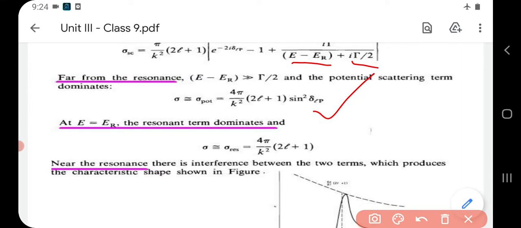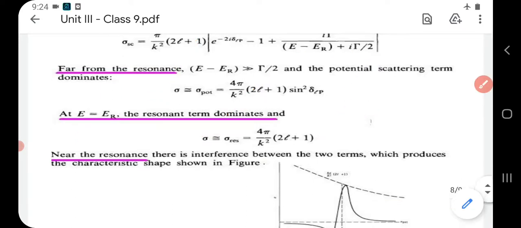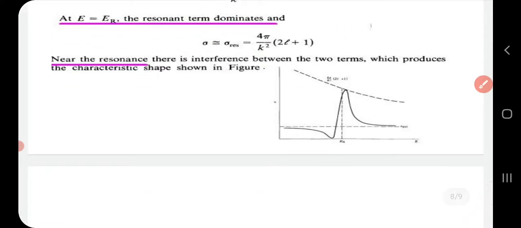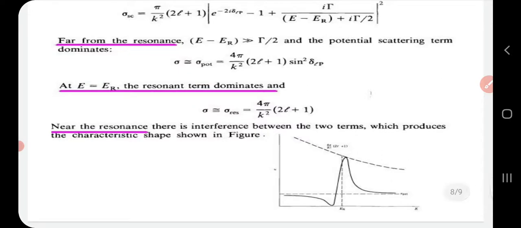Now at E equal to ER, the resonant term will dominate, and it is given by this equation. Now near the region of resonance, there will be an interference between these two terms, and that will produce the characteristic shape as shown in the figure. Just draw a rough sketch. Okay.